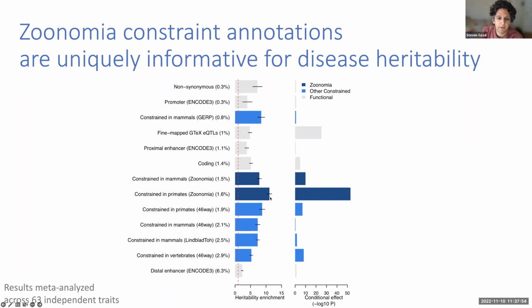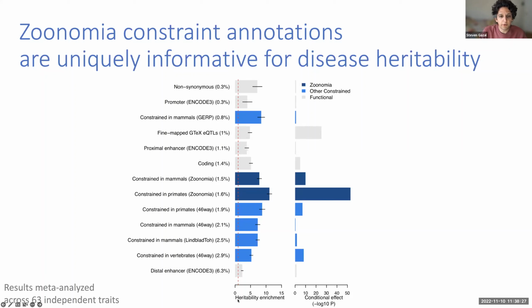And what was amazing to observe is that 2 Zoonomia annotations are the most enriched annotations. It's even more enriched, for example, than non-synonymous, eQTL of GTEx, and any ancestral annotations. We observed that our annotation in primate was more enriched than the previous one computed with fewer individuals, and the same using our constraint annotation in mammals.